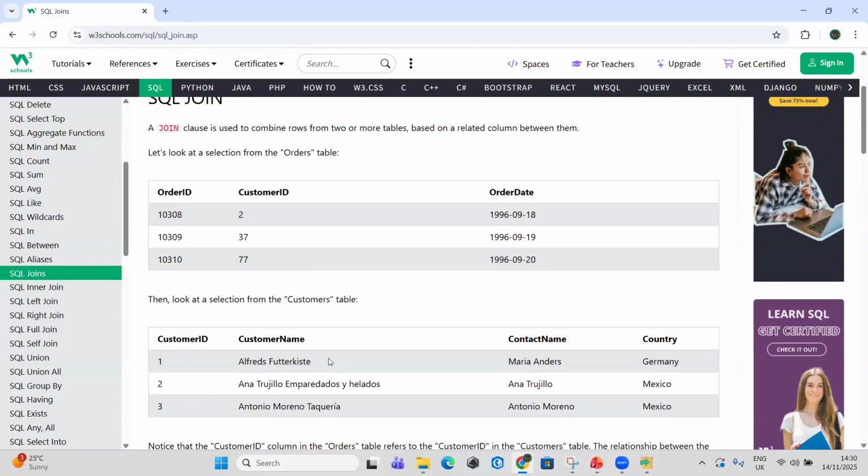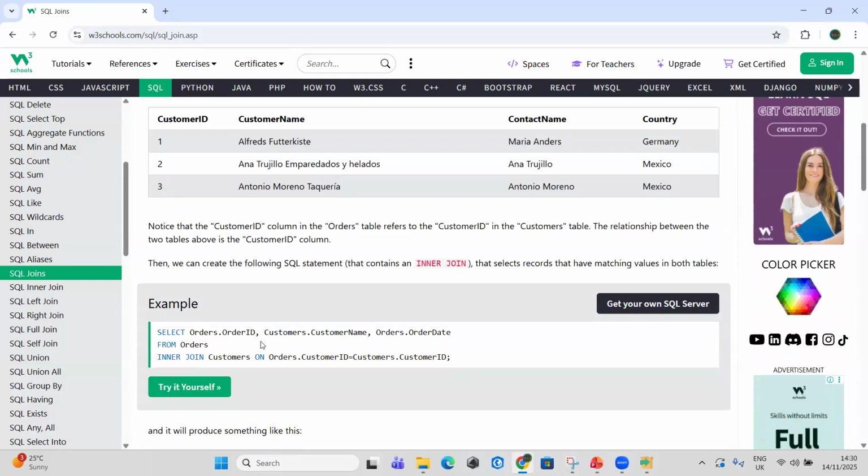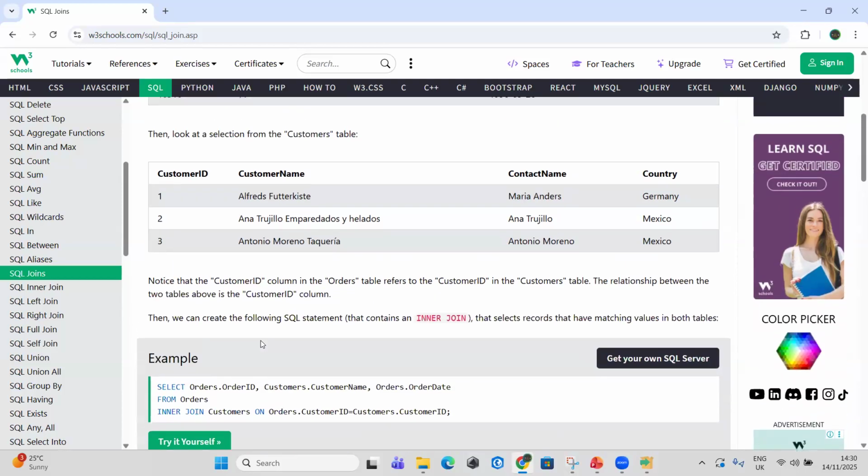Now, when you are working with two tables, you have to define it in a way. Earlier, in a single table, what you were doing was you were saying select order ID, customer name. But this time, when you have to select the columns, when you're working with more than one table, you have to also mention the table name so that it understands which table you have to select the column from.